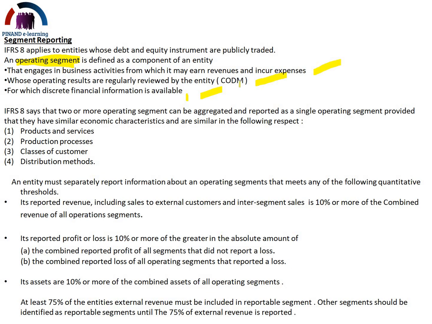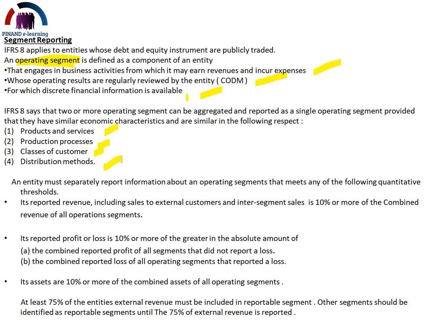Now, IFRS 8 says that 2 or more operating segments can be aggregated and reported as a single operating segment, provided that they have similar economic characteristics and are similar in the following respects: products and services, production process, classes of customer, and distribution method.